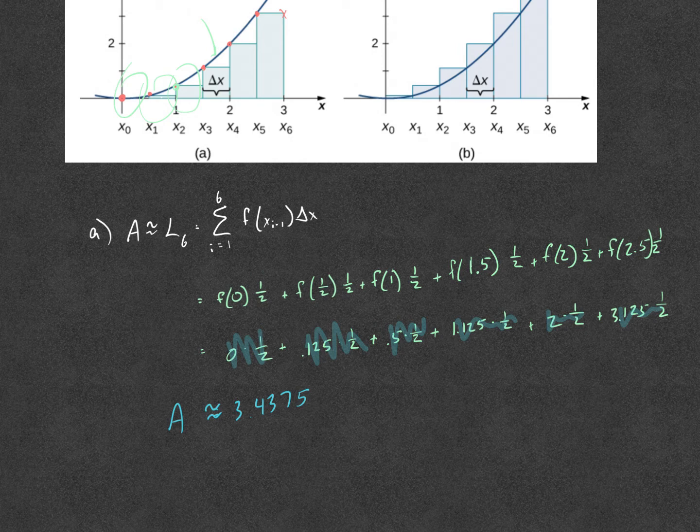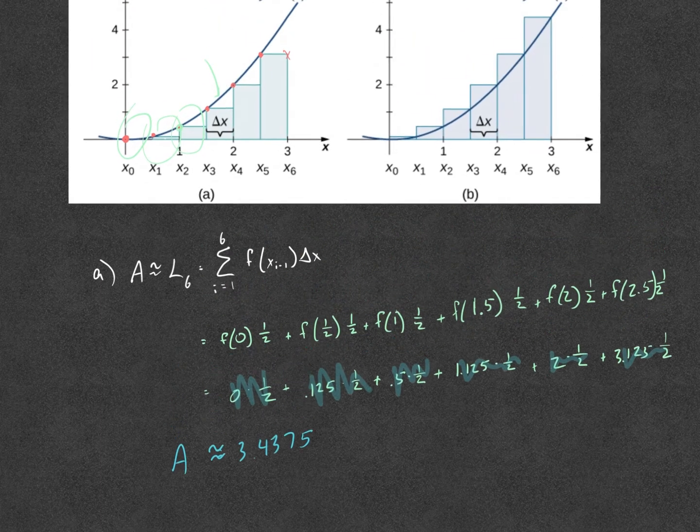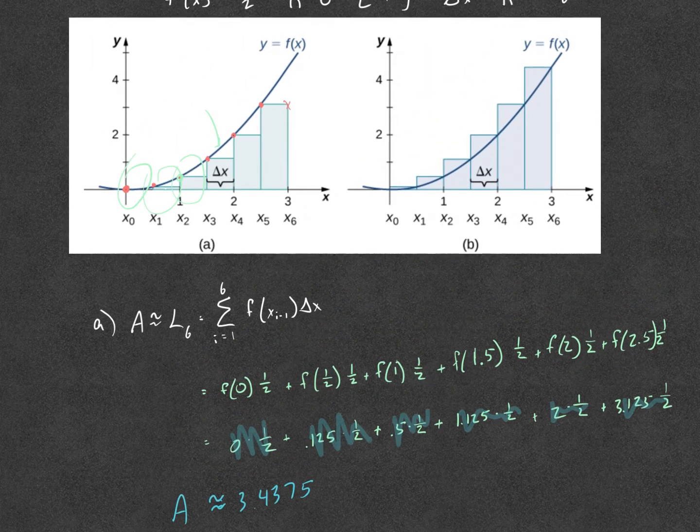Okay, if we want our overestimate for part B, actually, I'll scroll back up. If we want our overestimate, the only difference, a lot of this work would be the same, and if you want to see it all written out in OpenStax, you absolutely can. But the only difference is, well, we don't substitute in 0, right? This is the first right endpoint.